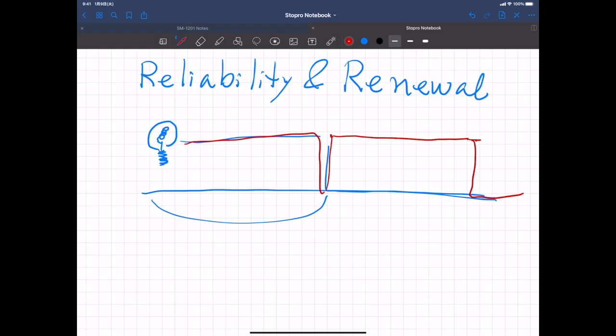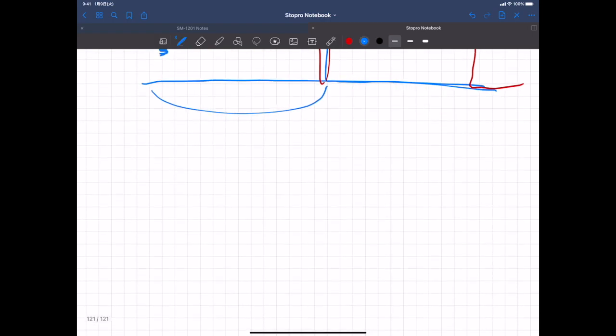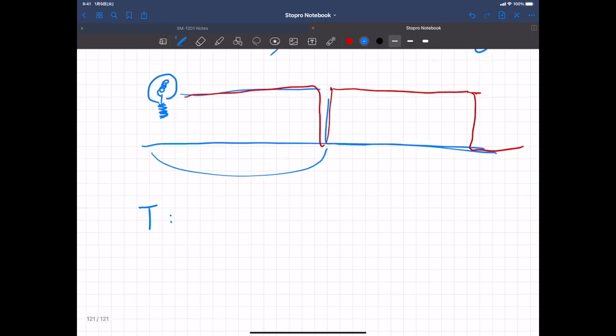So let's do it. Here's how we formulate this problem. First, let T be the random variable that represents the time until the failure of some unit.